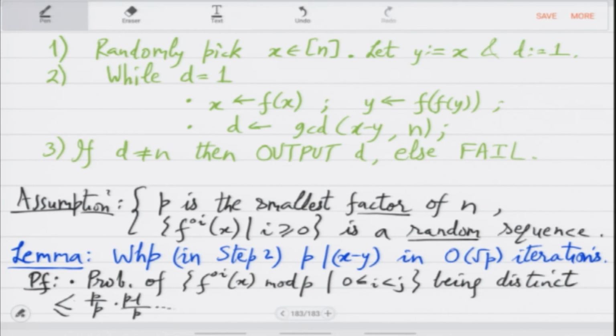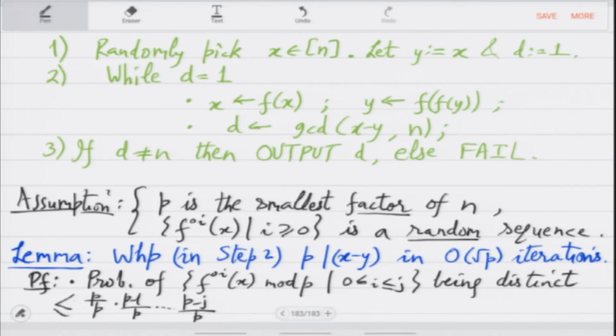And in the end, you get p minus j plus 1 by p, maybe you go up to j.